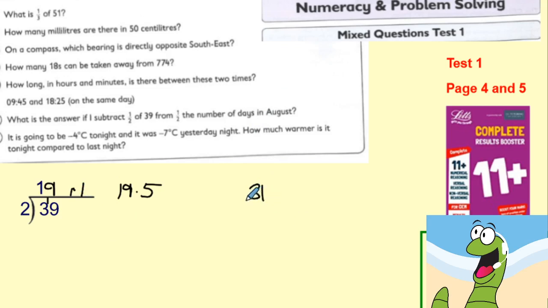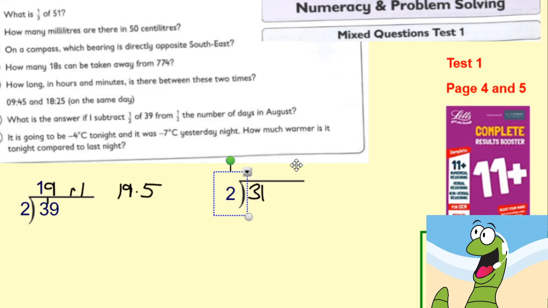Okay, and so same thing again. What we need to do is divide 31 by 2. Sorry, not the bus stop. So how many times does 2 go into 31? I think it goes in 1 time with 11 left over.